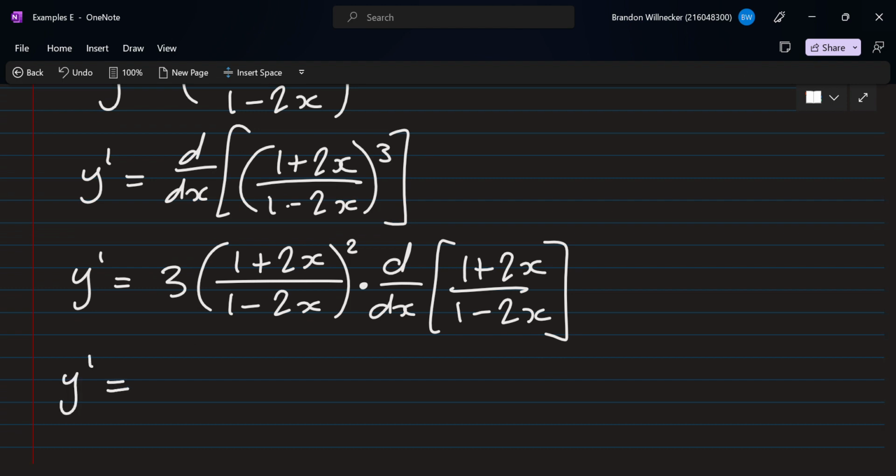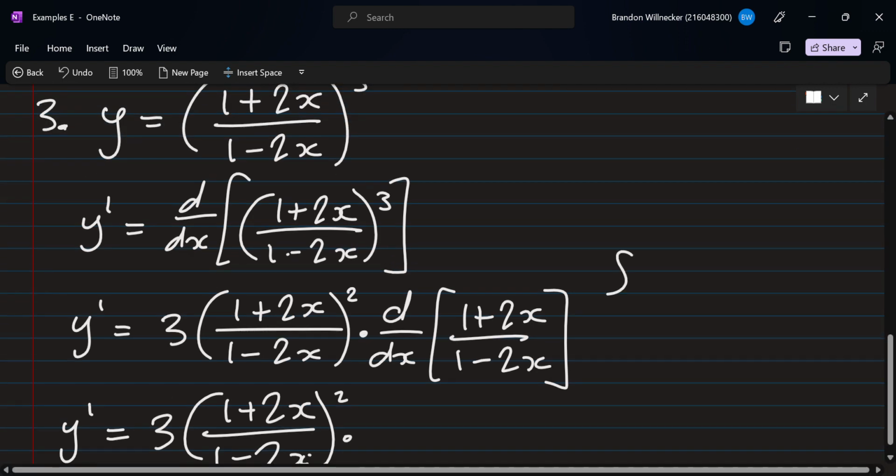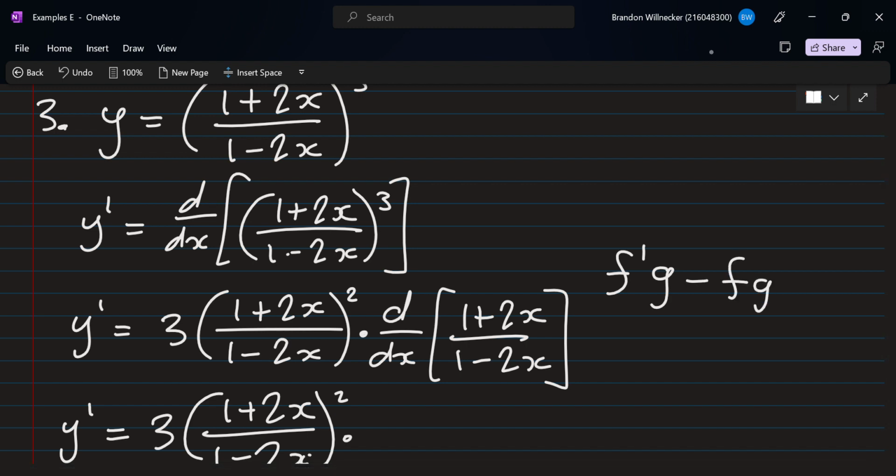So y prime is going to be 3 times (1 plus 2x over 1 minus 2x) squared, so that part stays the same. And now we just need to use the quotient rule. Remember what that was? Let's write it on the side: f prime g minus f g prime, all over g squared.